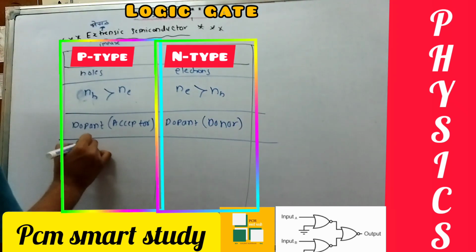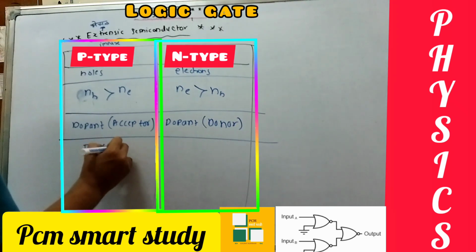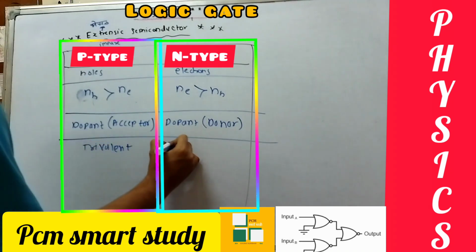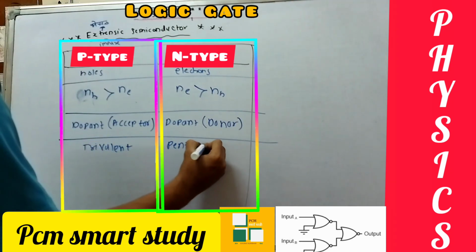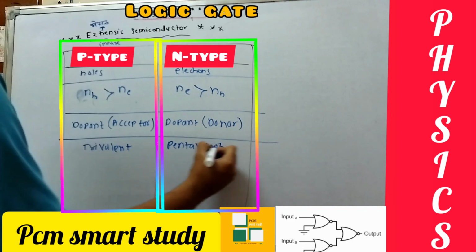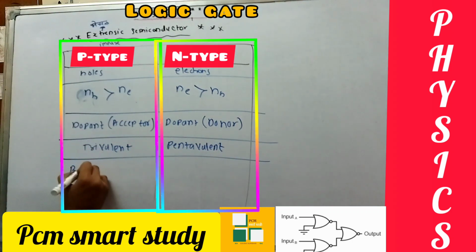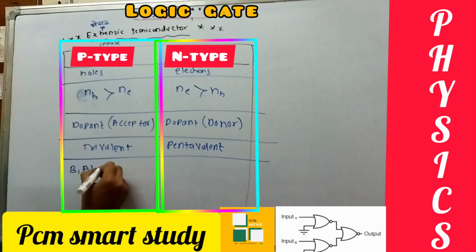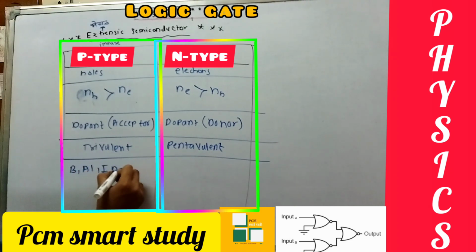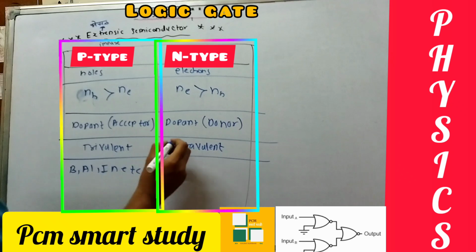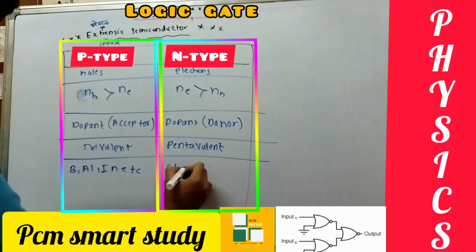This is trivalent, this is pentavalent. Examples: boron, aluminum, indium, etc. In N-type, examples are antimony, phosphorus, arsenic.